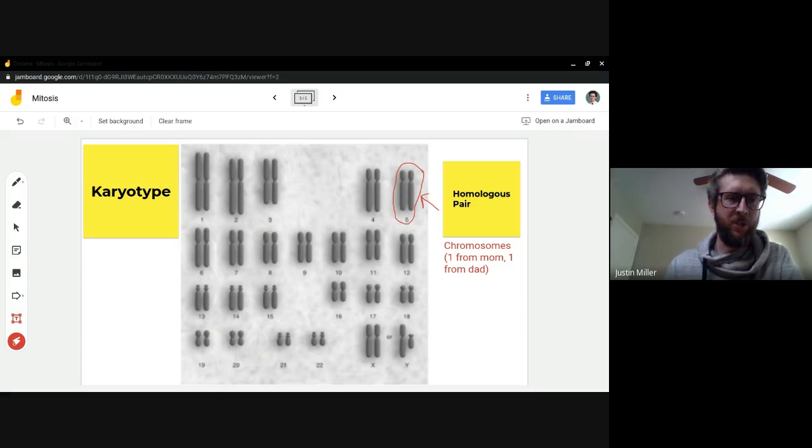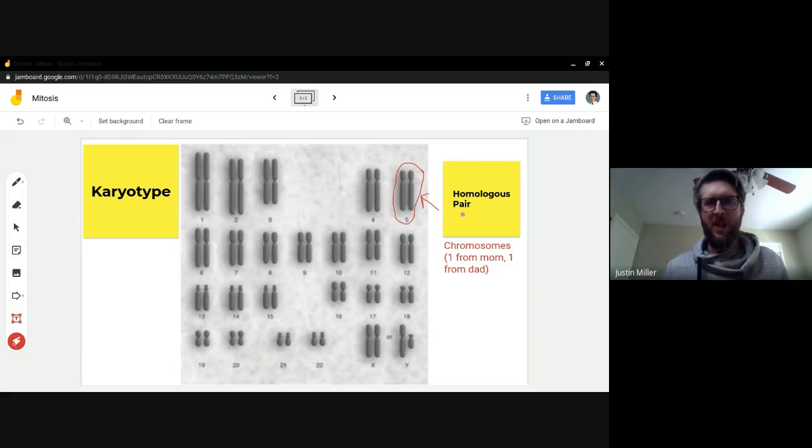It's kind of like a pair of shoes. You can have 23 pairs of shoes, but that means you have 46 total shoes. But each shoe has another shoe that goes right with it, that goes in that pair. Okay, so just imagine that these are pairs of shoes. They are arranged from 1 to 23, because there's 23 pairs, 46 total. They're arranged from 1 to 23 in order from largest to smallest.